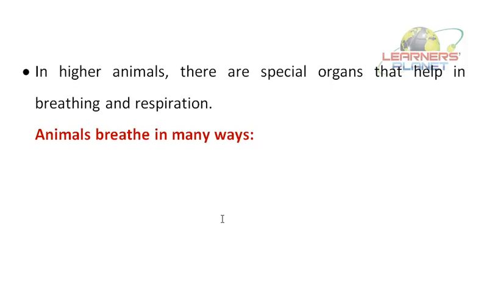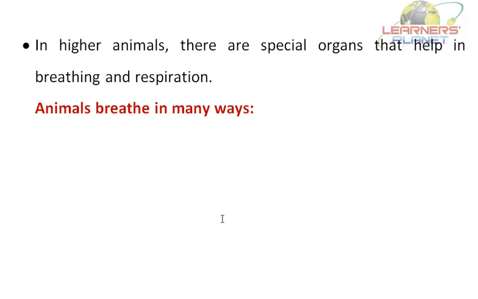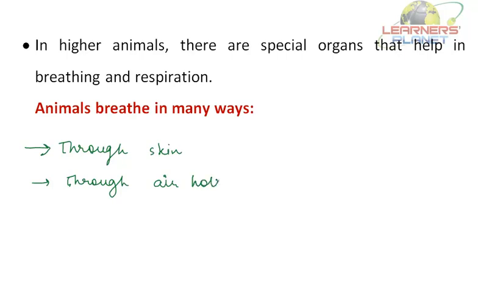Even in higher organisms or in higher animals, there are special organs that help in breathing and respiration. So, animals breathe in many ways, which we are going to study in today's session. They can breathe through skin. They can also breathe through air holes.